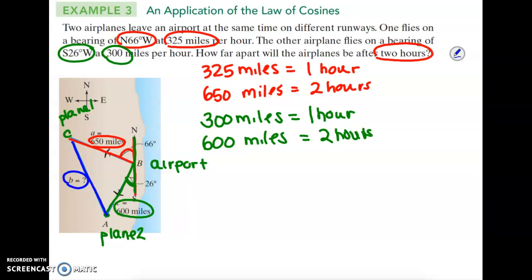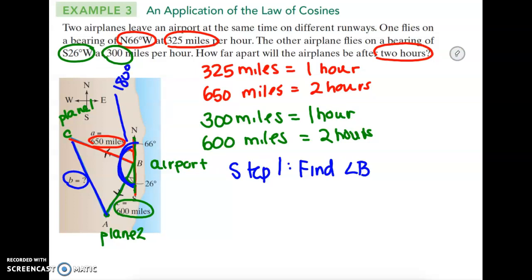So in order for us to use the law of cosines, we need to know angle B. So step 1, find angle B. Well, this north-south line adds to 180 degrees.